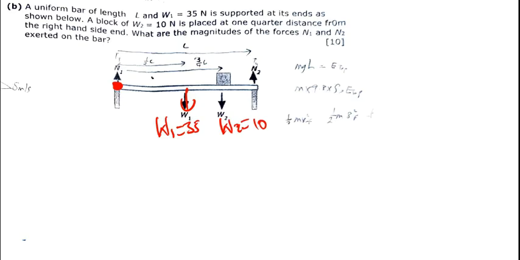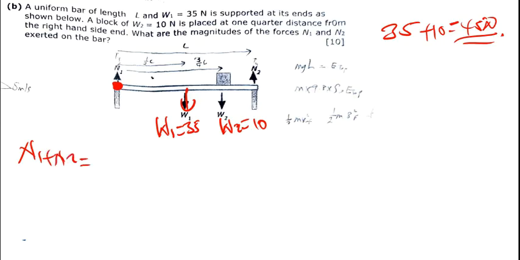If I add these two forces, 35 plus 10 is going to give me 45 newtons. Meaning that the force N1, when I add N1 plus N2, because we're talking about static equilibrium, this object should not move. When I add these two, I'm supposed to get as well 45 newtons. What does it mean? When I just find one N, I can also find the other N because I know that the total is 45.